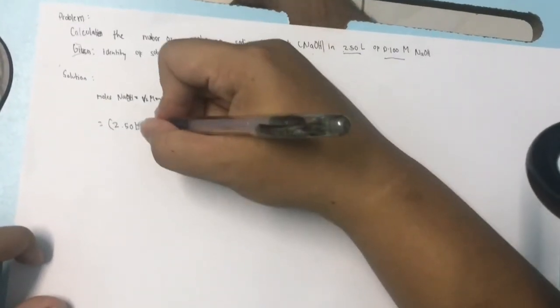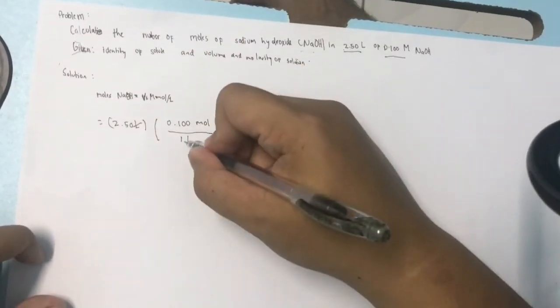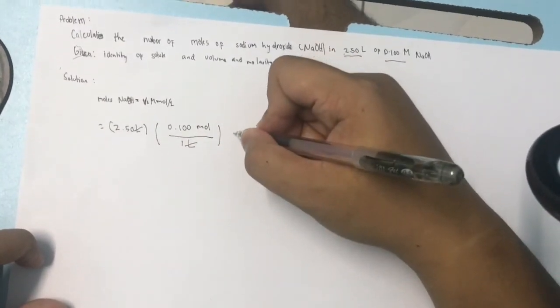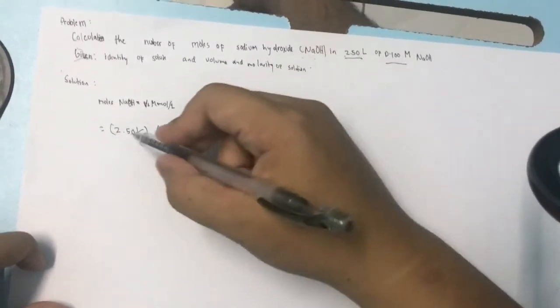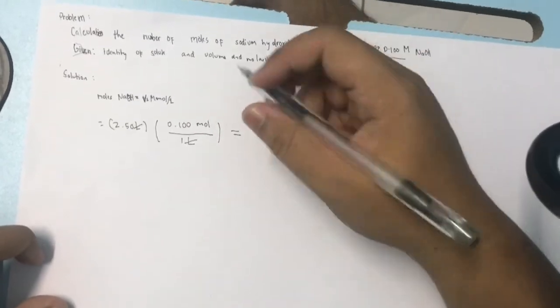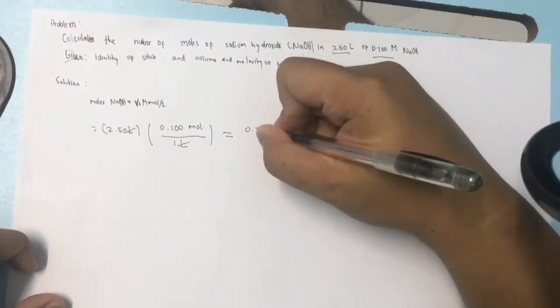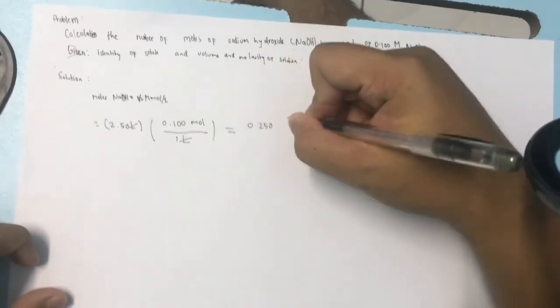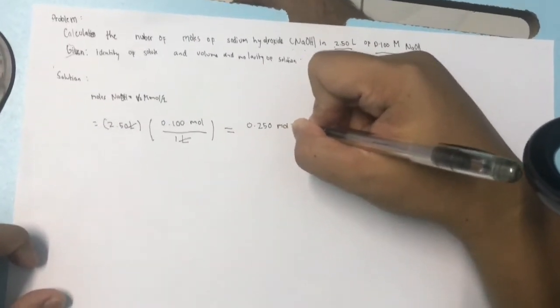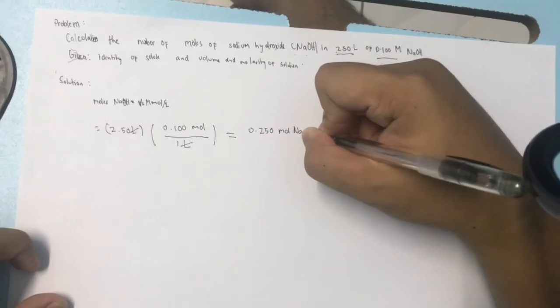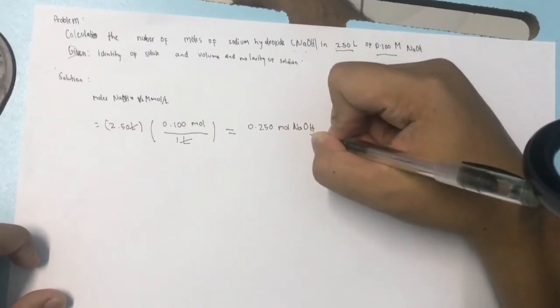So we cancel the liters, then multiply to get the final answer. The final answer is 0.250 mole of NaOH.